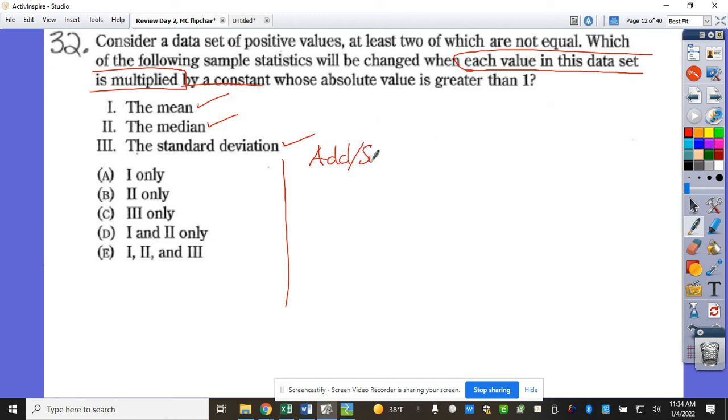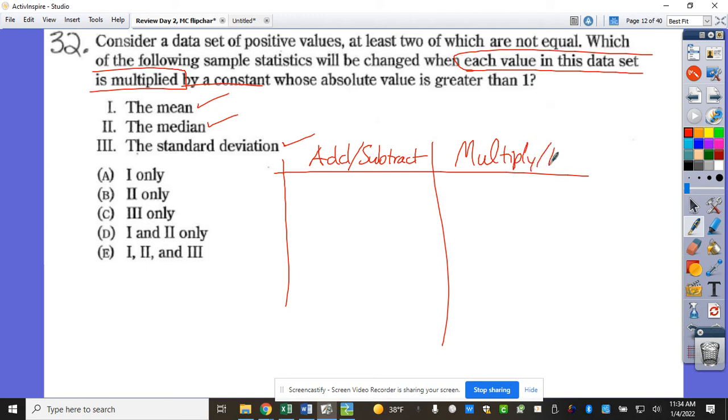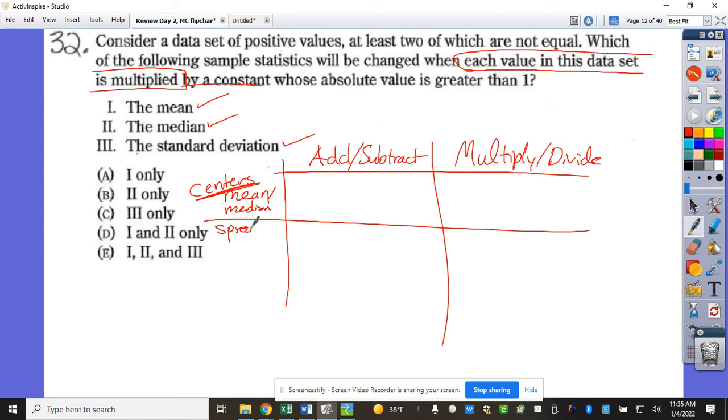I want you to write this. If I add and subtract, are my centers going to change?